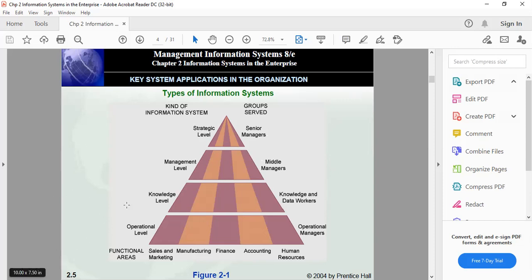At the bottom, we have the functional areas. As said a while ago, there are various functional departments in the organization. This could include research and development, manufacturing, also known as production, human resources, also known as personnel. We also have purchasing. We also have logistics for some businesses, who separate that.